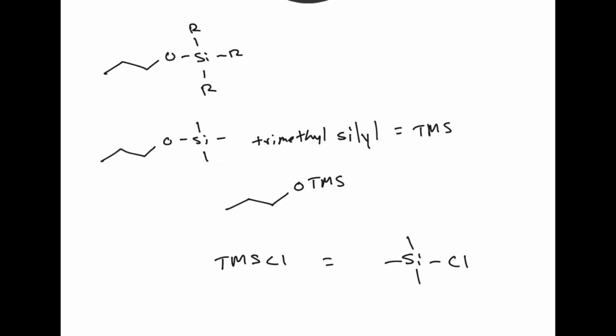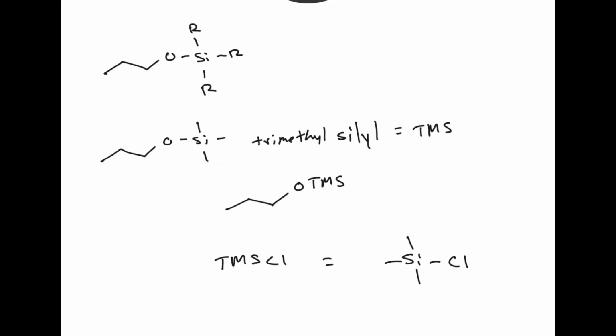TMSCl is the precursor that we use to make a trimethylsilyl ether. So TMS is the smallest silyl group. It's the one that is easiest to put on, but it's the one that falls off the most.